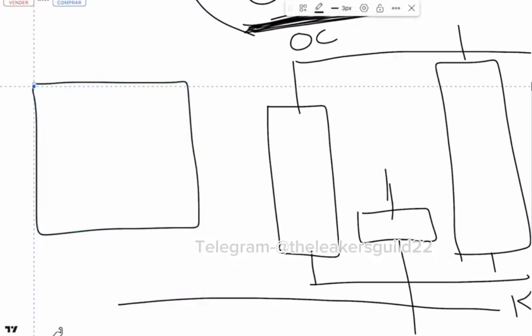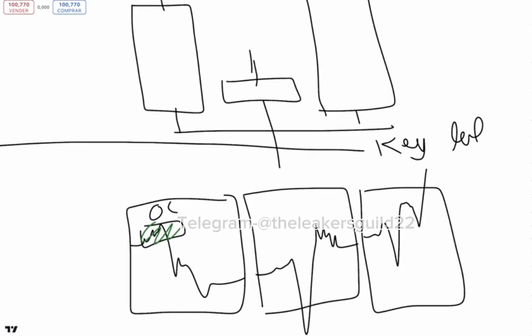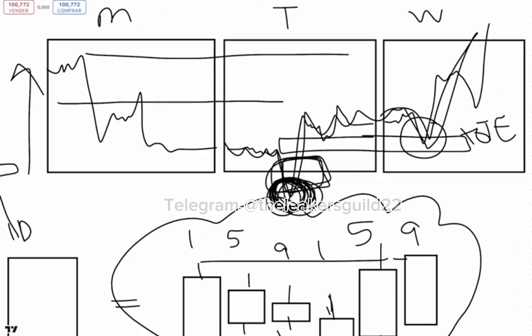You're looking to trade, remember? 159, Monday, Tuesday, Wednesday. Right? That's how you choose the CRT candle, right? But by not being a pattern trader. Now that was a brain full of information. I'll let you digest it.